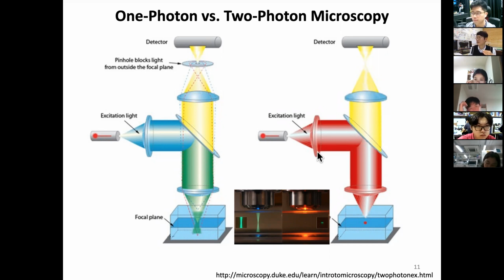In fact, you need only about blue's double wavelength, which is longer wavelength, but the effect is actually double the energy. So the effect is similar to blue, okay? That's how the nonlinearity happens. And that's why the probability is only at the focus and not out of focus. So this is a nonlinear phenomenon, and you need a special laser light source for this to happen, okay?